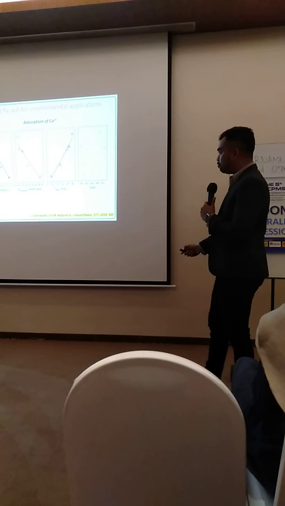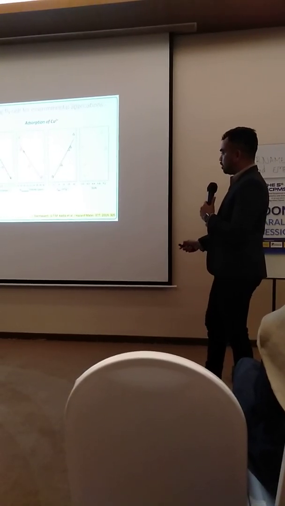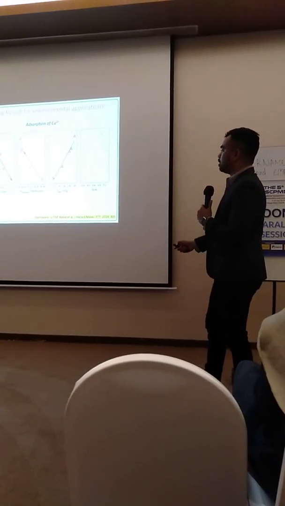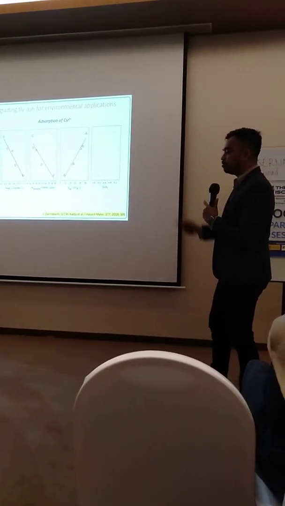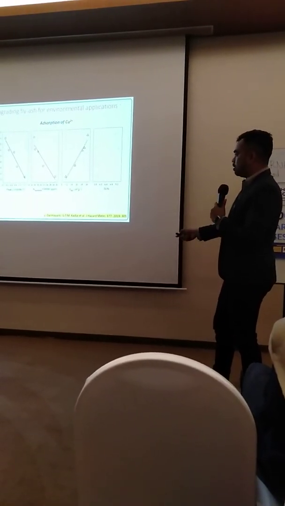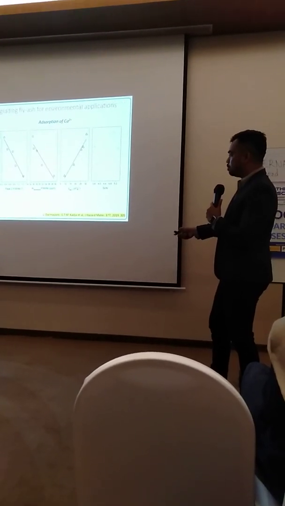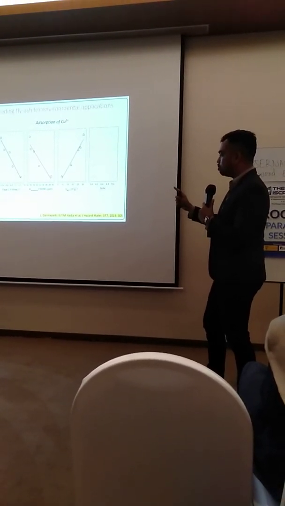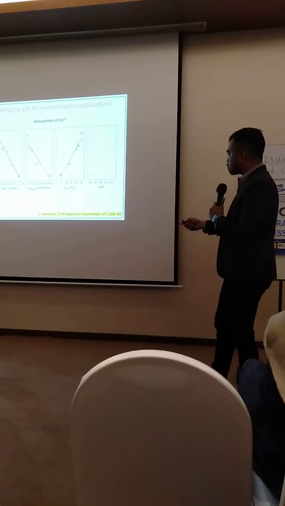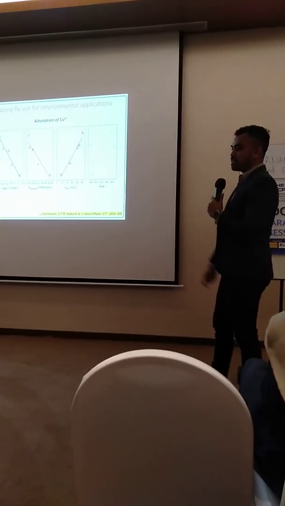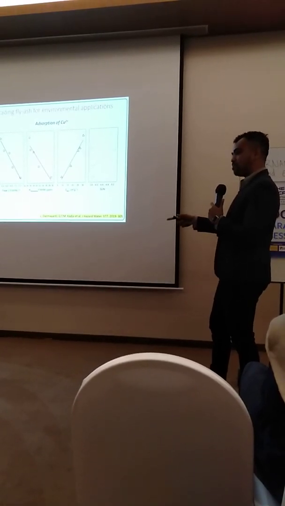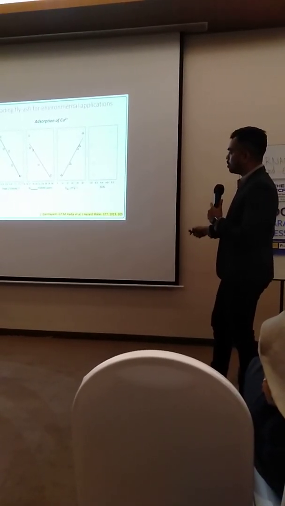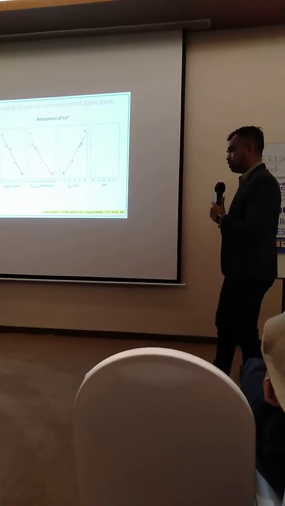So you see, if we plot the peak width, the full width at half maximum from the XRD data, the full width at half maximum from the aluminum MAS NMR spectra, as well as the BET surface area, against the maximum adsorption capacity of the sample, see, well correlated.